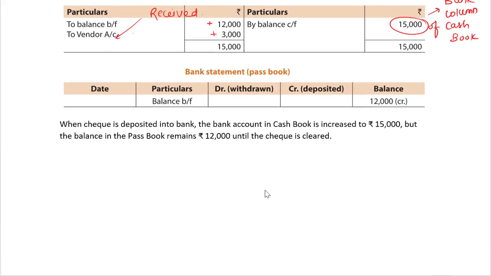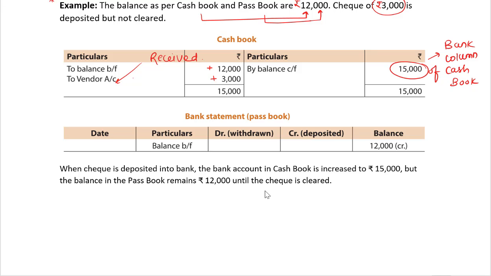But whenever we check the bank statement, we'll understand that this 3,000 is not credited over here, and as per the bank statement or the passbook, the balance is only 12,000 in the bank.